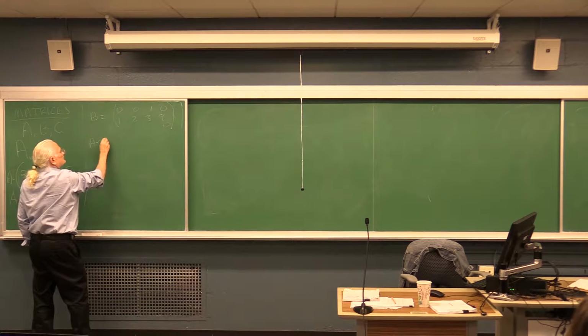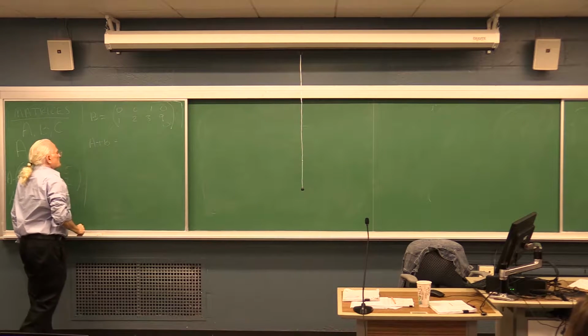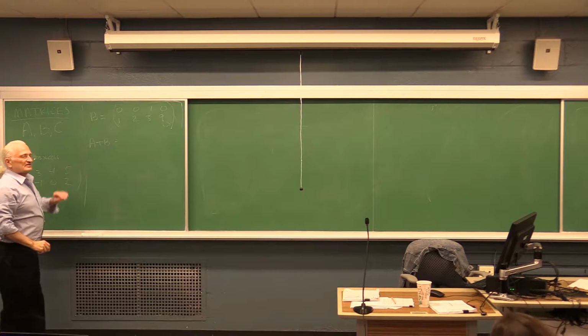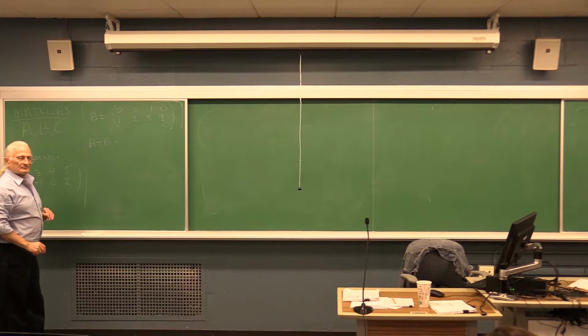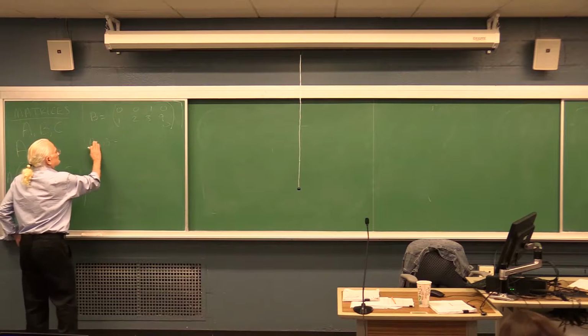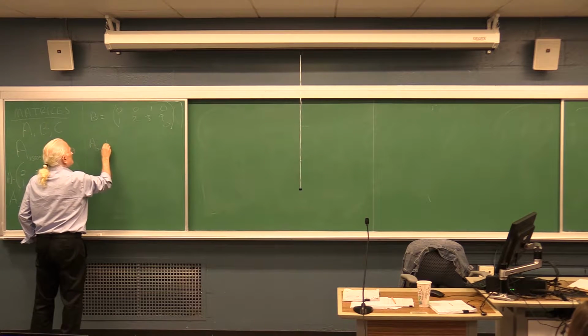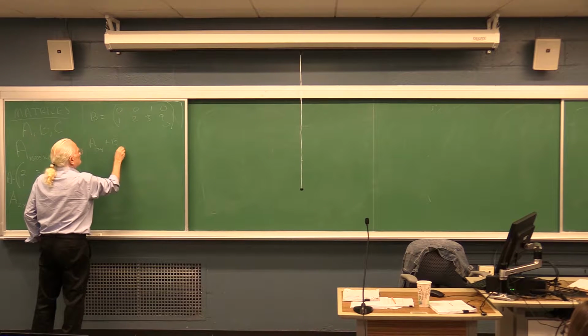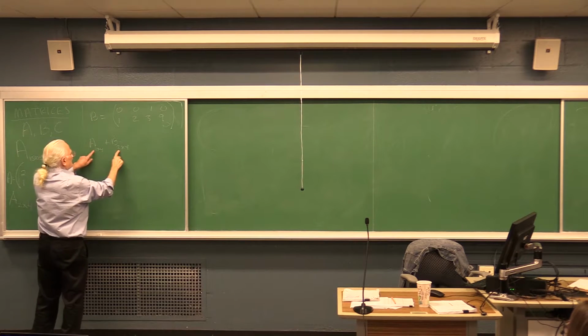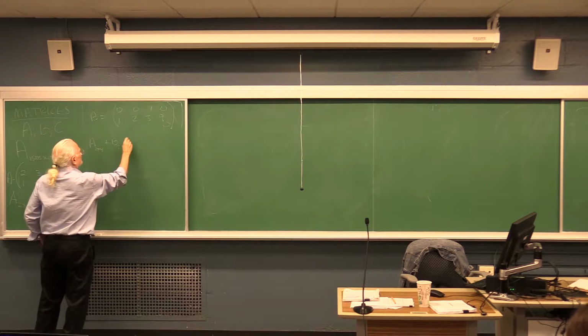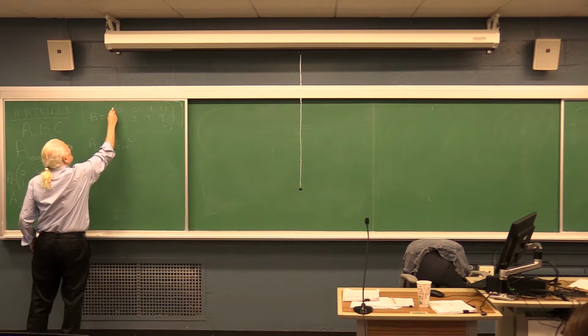So A plus B, right? In order to do the addition, they have to have the same dimensions. So A is 2 by 4, and so is B, 2 by 4. So they have to have the same number of rows and the same number of columns, right? And you simply add the corresponding elements.